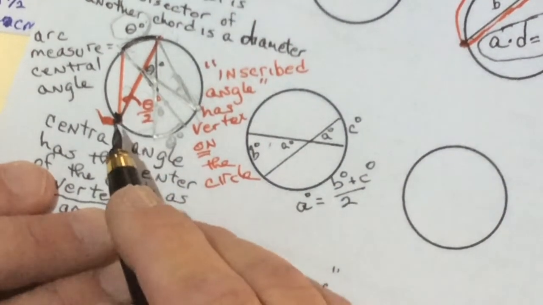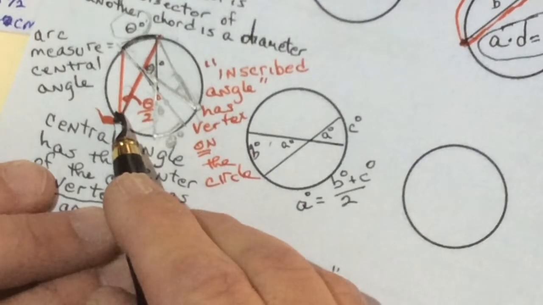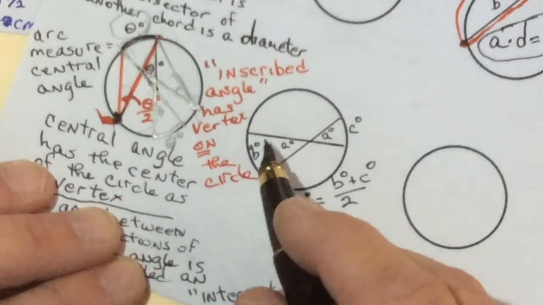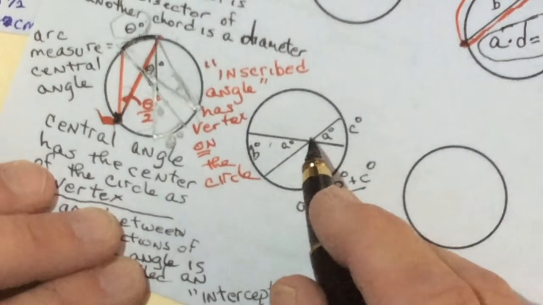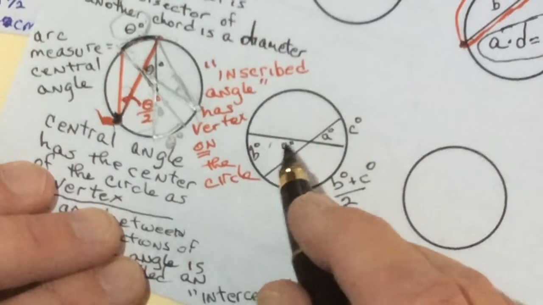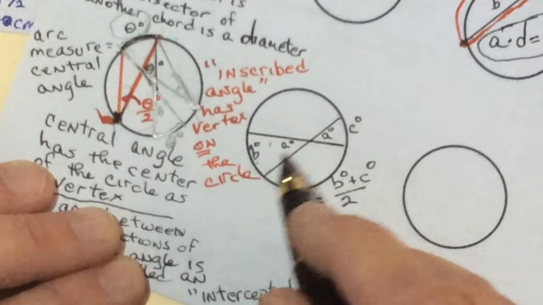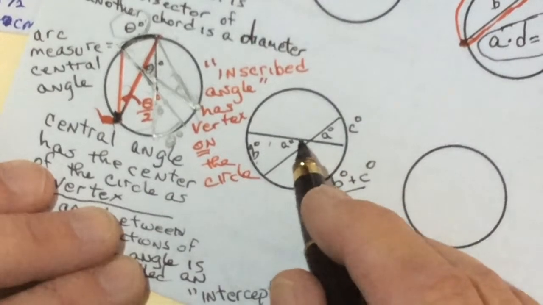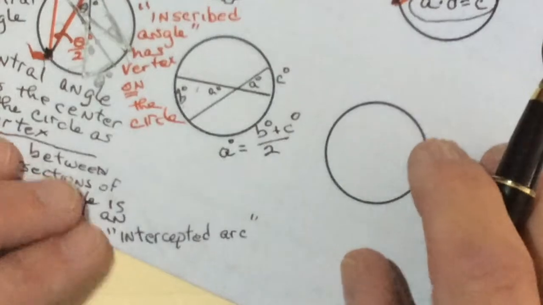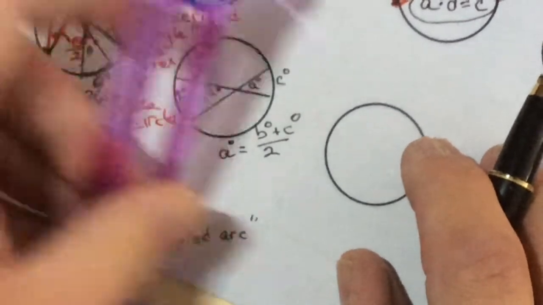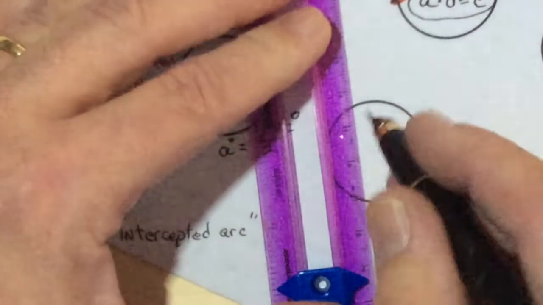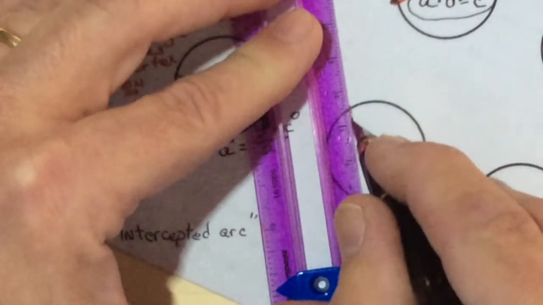So this is what happens if you have an inscribed angle intercepting the same arc. Here's what happens if you have two chords that don't cross in the center, this is the relationship between the arc measures and the angle measure. The only other situation we can have is where we have two tangents or secants or anything else that intersect outside the circle.